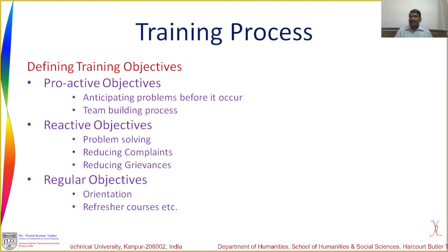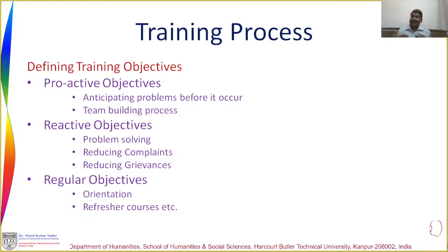Now the second step which we talked about was defining training objectives. Once you know that there is a requirement of this training, you come to know about the skill gap, you come to know about the technical knowledge gap, then you define the training objective.